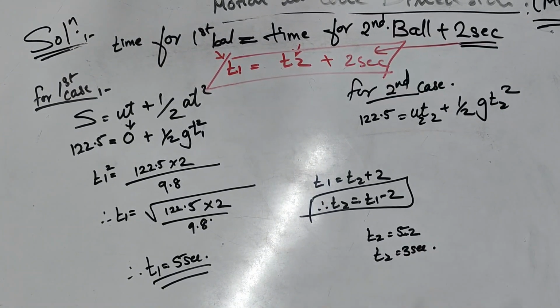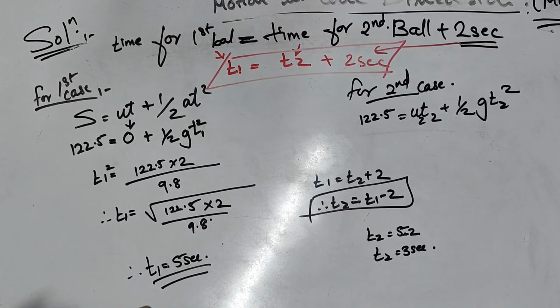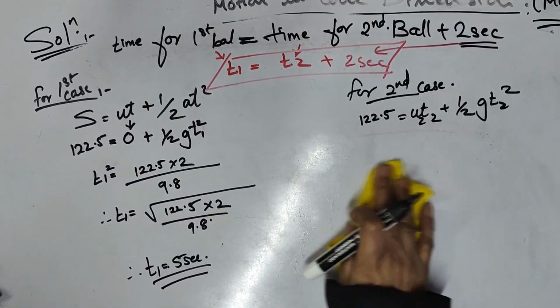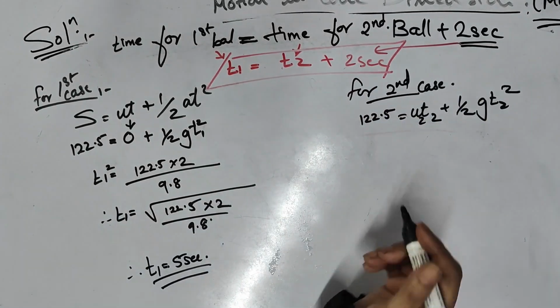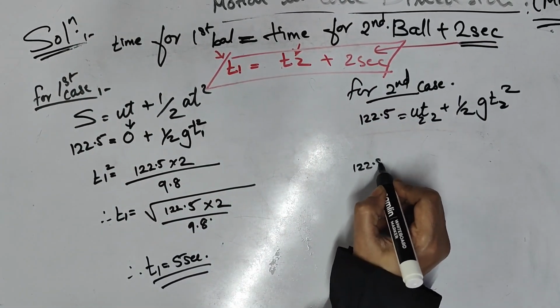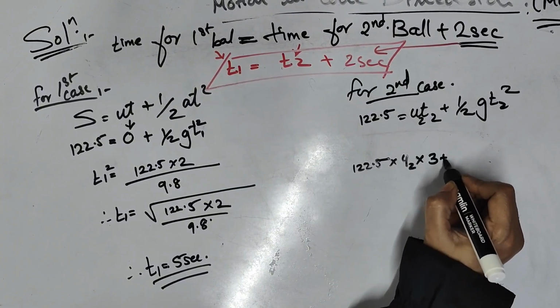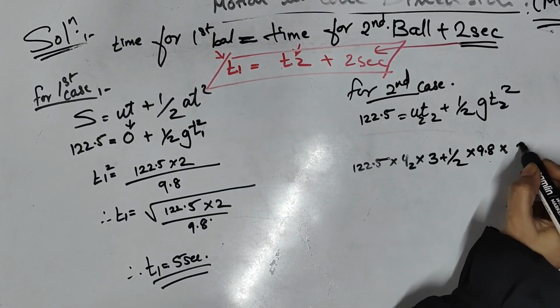Okay. See, looking at the calculation part, this is what, if you calculate you will get this thing. Now the calculation part, hope so you people must be knowing very good calculation, since you people are physics students. So see, 122.5 is equal to u2 into 3 plus half into 9.8 into 3 square.